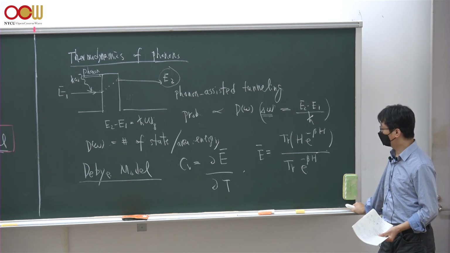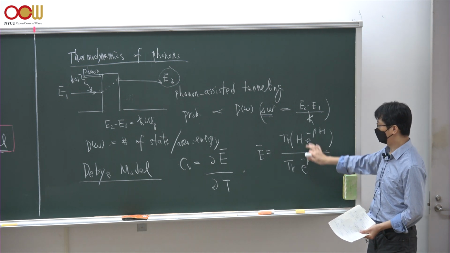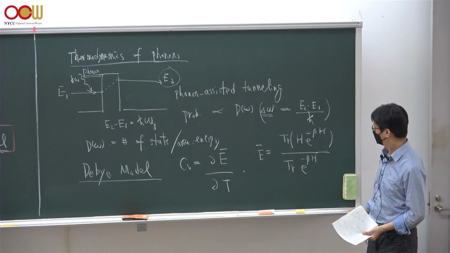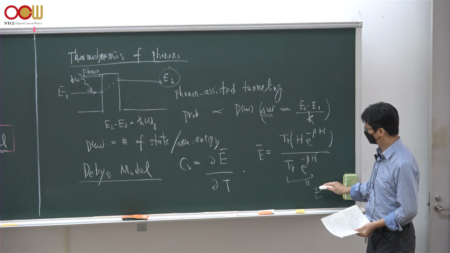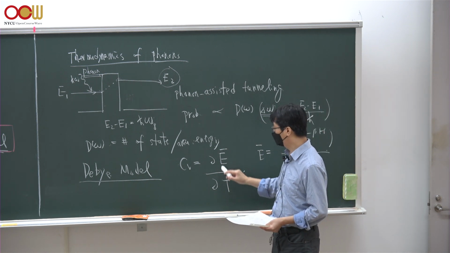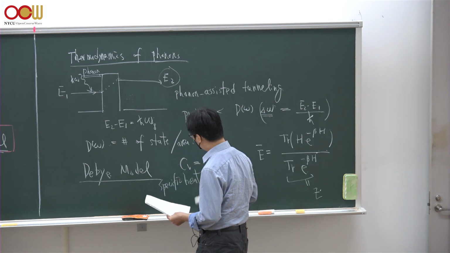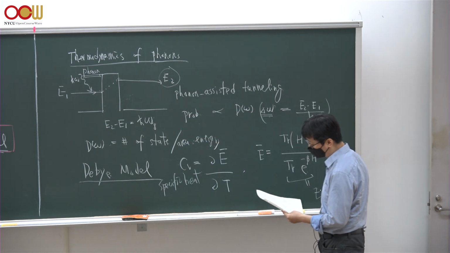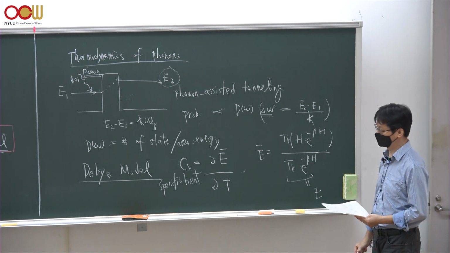So at finite temperatures, we take the ensemble average E bar by evaluating this numerator and denominator, this partition function, and so on and so forth. And once we've done this to evaluate E bar, we take the temperature derivative of E bar, and we get the specific heat or heat capacity at fixed volume, and then all the thermodynamics come from the specific heat.